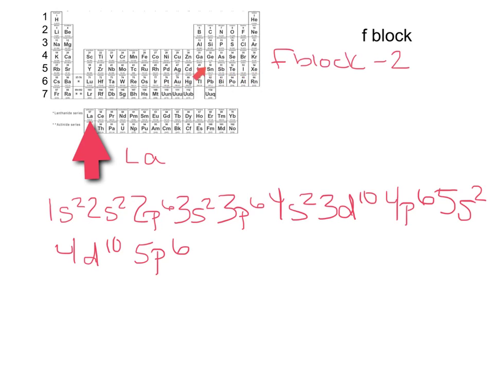Aha, I'm almost about to get to F block. 5p6. Now I'm going to go to 6s2. I'm going to write that one in. 6s2. And so I just finished those.